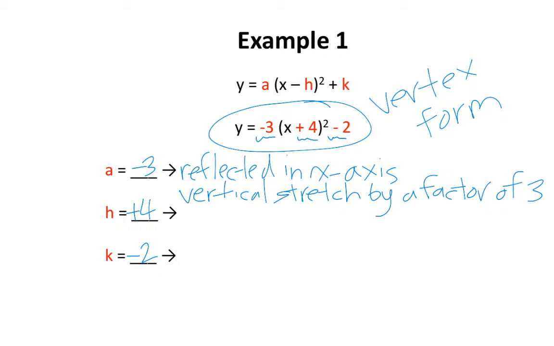Next, we're going to take a closer look at the h value. Remember, the h value determines if the parabola is translating to the left or to the right, and it is very counterintuitive. Therefore, since the h value is positive, that means the parabola is translating to the left by 4 units.